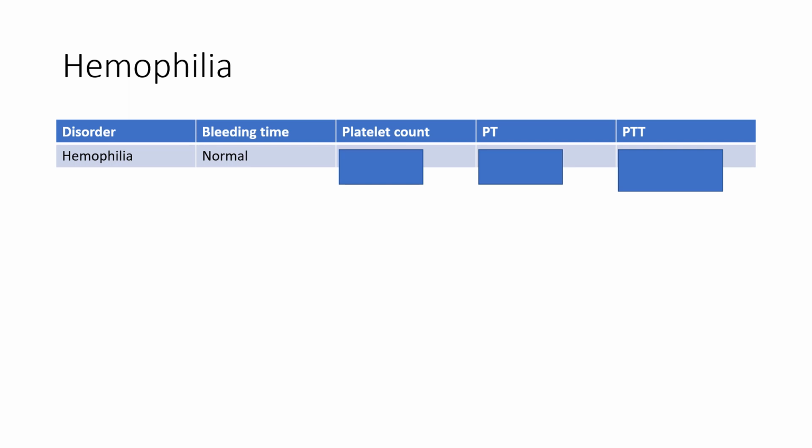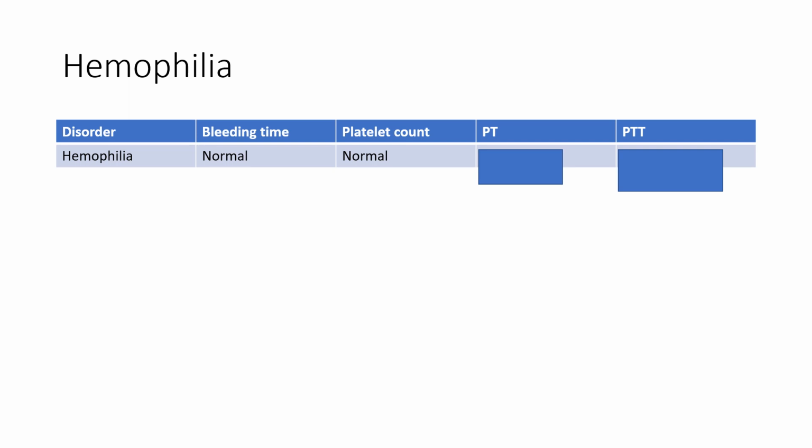What is the platelet level in people with hemophilia? If you said normal, you are correct. It does not affect platelets. It is a clotting factor disorder. You could argue that because the clots are weak and the platelet plugs are weak and always having to reform, you might be consuming platelets chronically.